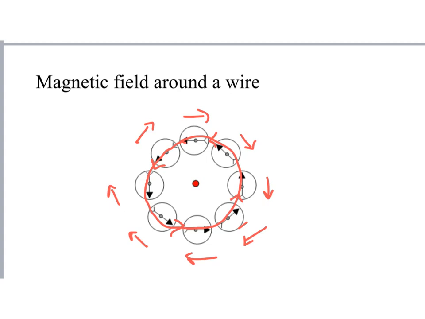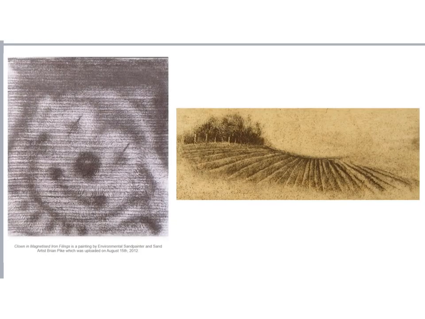So that's the end of our notes today, but there are just a couple of other things that I'd like to show you. So first off, this is just for interest. So these are 2 pieces of art by an artist called Brian Pike. Brian Pike is known for creating images out of sand, but he's also done some work with magnetised iron filings.